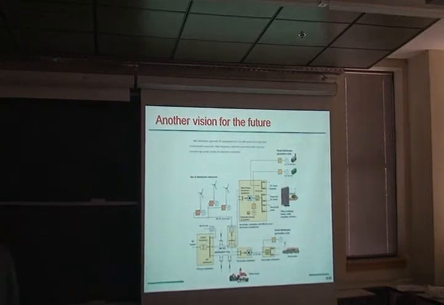So it's another vision for how the future of the grid might evolve, and power electronics will play a major role, and that may well lead to this DC sub-distribution.